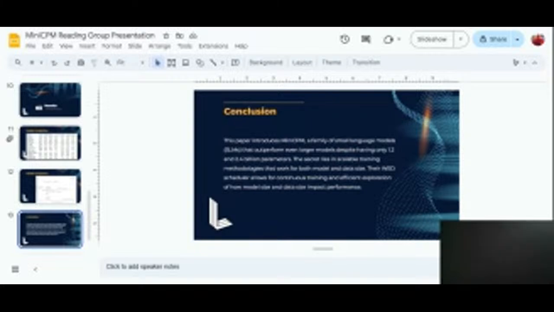The introduction of the WSD scheduler is notable for promoting continuous training and explaining compelling training dynamics.